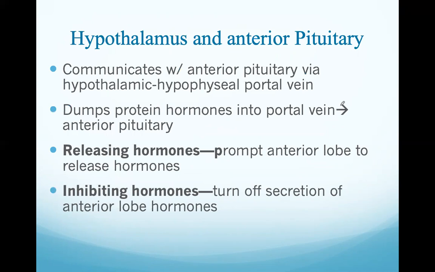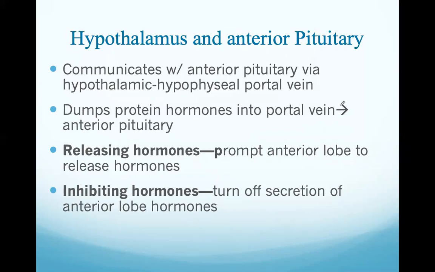So let's go ahead and talk about the hypothalamus and its relationship to the anterior pituitary gland. The anterior pituitary gland is one of the organs that produces many tropic hormones, which basically means these hormones are not going to be doing anything themselves; rather, they control the activity and release of hormones from a different endocrine gland.